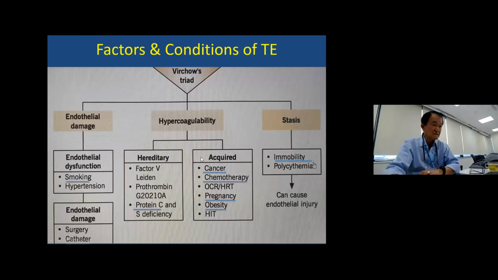So the factors here again, polycythemia is one of the known ones, in addition to stasis, immobility. The endothelial damage is also related to smoking. So many smokers are worried about only lung cancer, but actually smoking is known to change our genes, so it's triggering gene mutation, and then practically this kind of endothelial dysfunction.